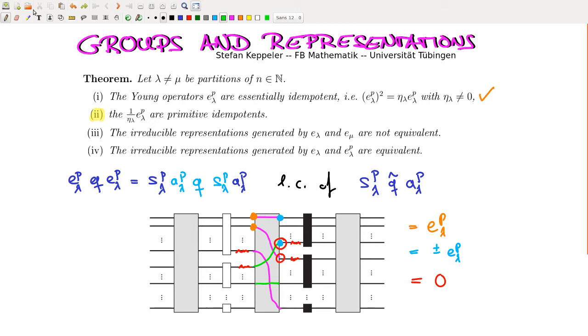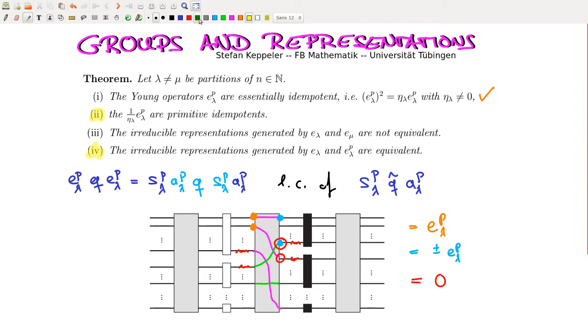And finally, we want to show that the irreps generated by two Young operators for two Young tableaux of the same shape, so same diagram, different tableaux, same shape we're drawing, but writing the numbers in these diagrams in a different way, they are equivalent.